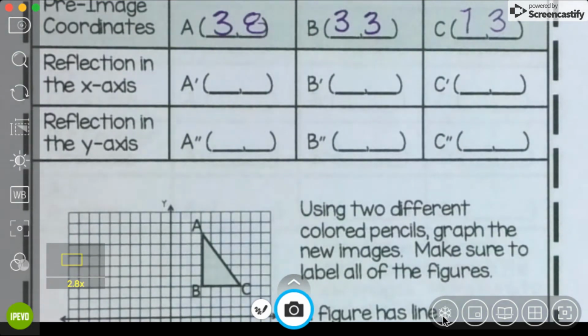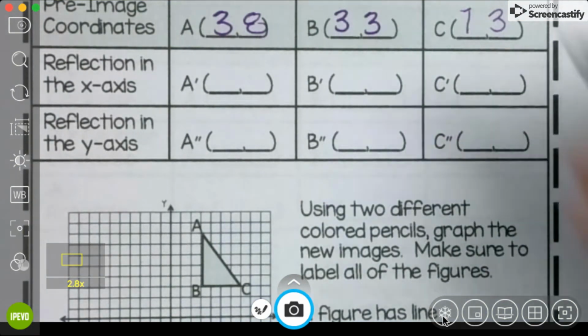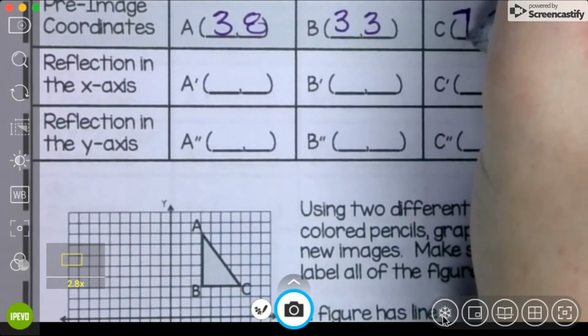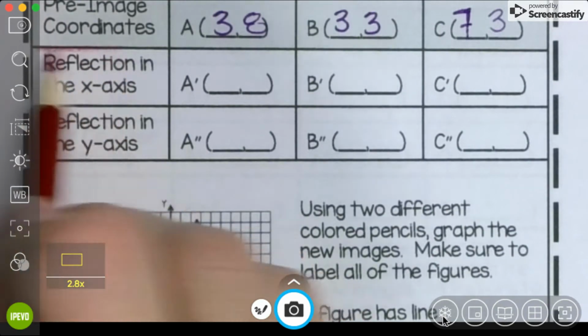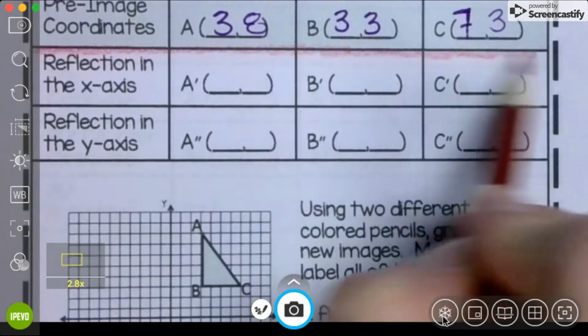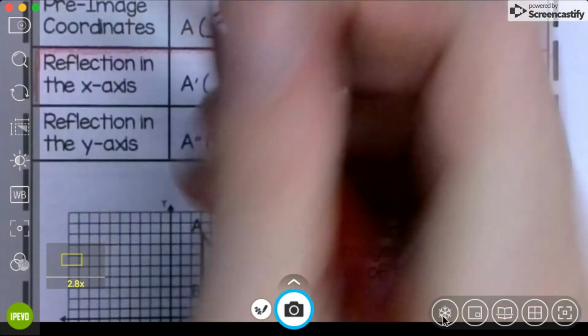So first it says to reflect it across the x-axis. Okay? So I'm going to do this one in one of my colors.